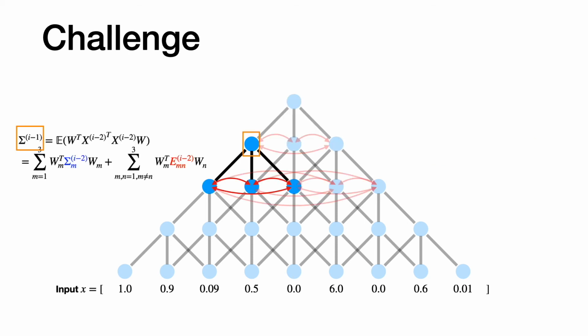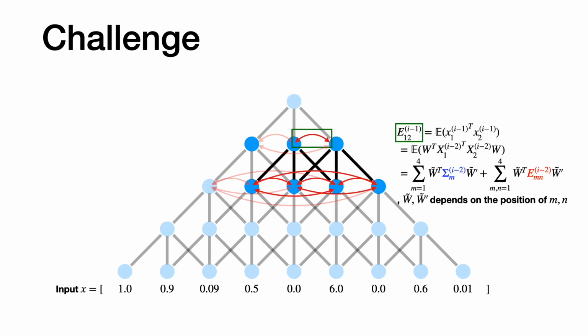We can continue backtracking this style of calculation, asking what we need to calculate the terms in the second last layer. In the second last layer, to compute the sigma I-1, highlighted in the orange box here, it will require 3 covariances and 3 cross-correlation matrices in the third last layer. For the cross-correlation term in the second last layer, highlighted in the green box, it will require 4 covariance matrices and 6 cross-correlation matrices in the third last layer.